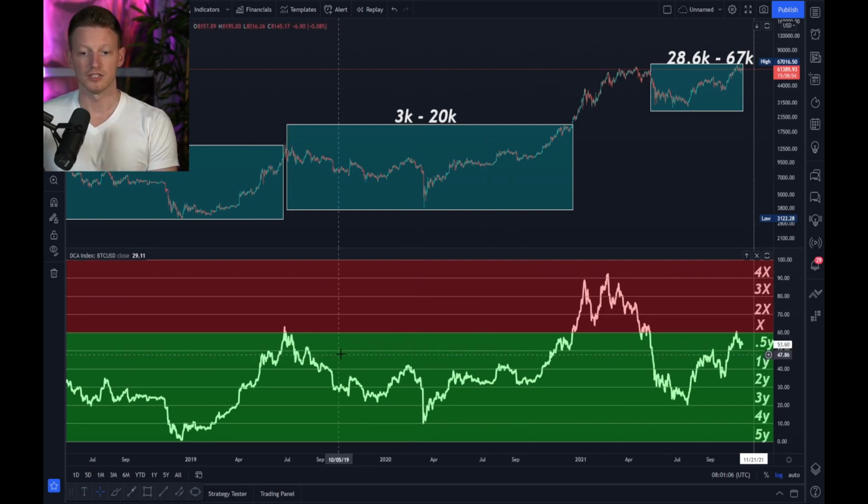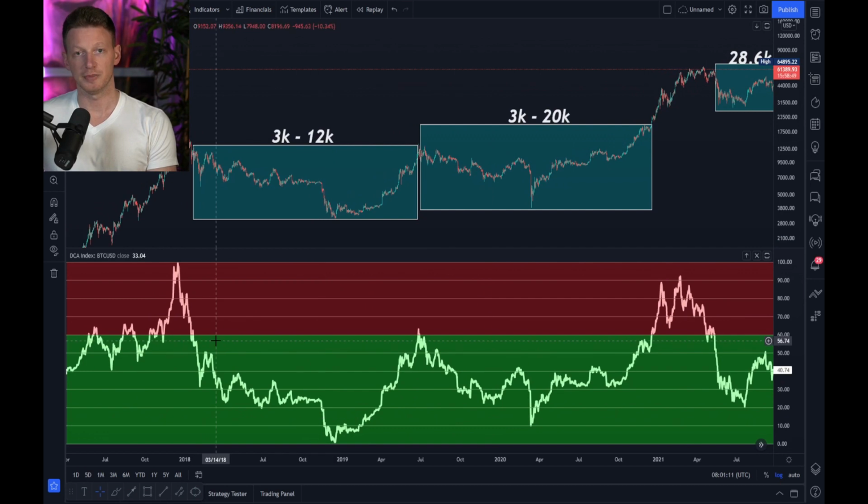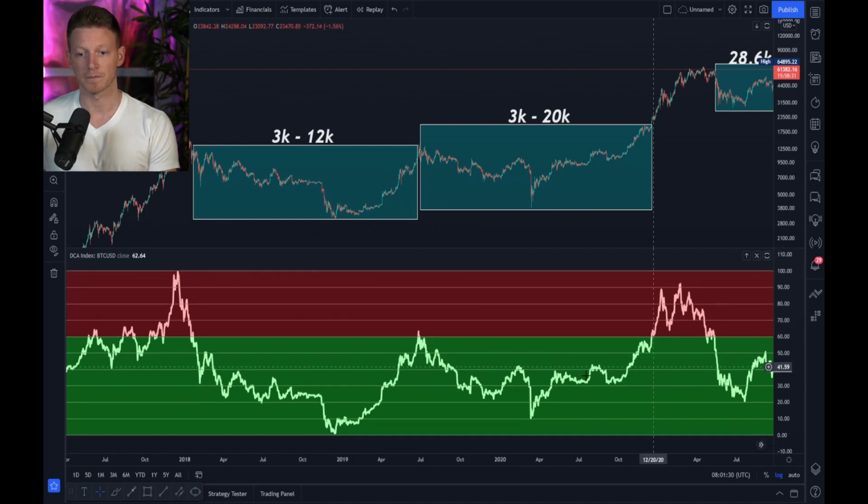But in general, during the bear market, I'm accumulating Bitcoin and Ethereum and then altcoins in a ratio of approximately 60 to 20 to 20, or 60 to 25 to 15 might be actually closer to what I'm doing.